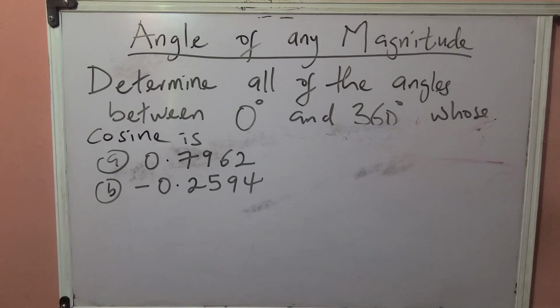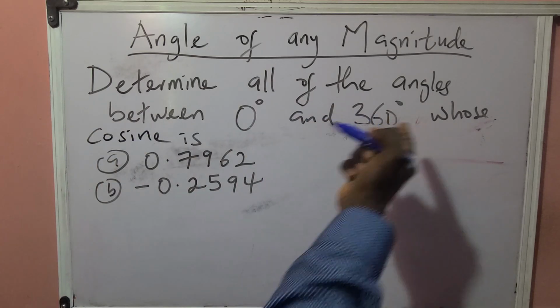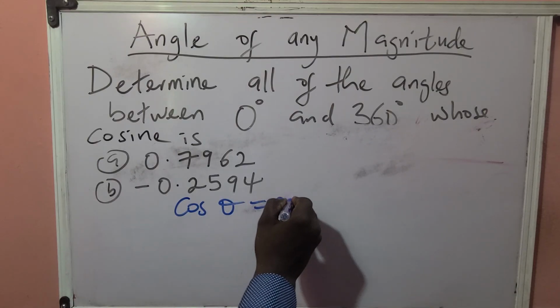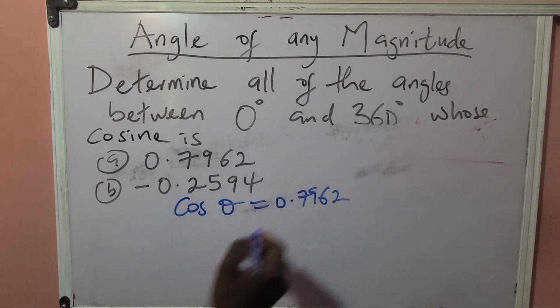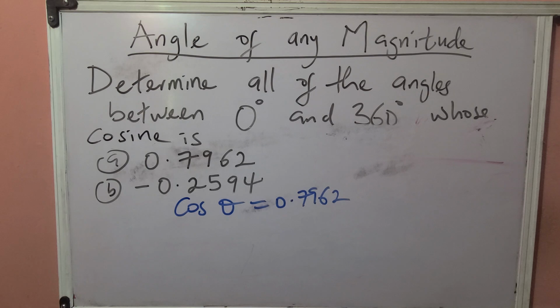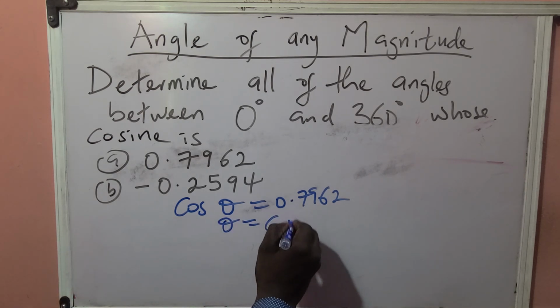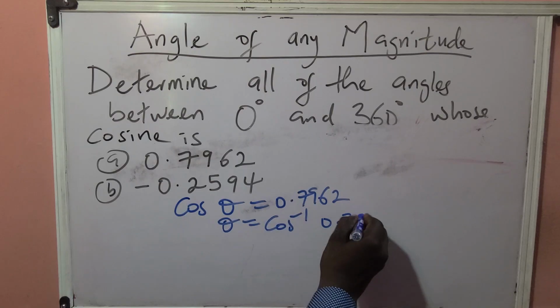is 0.7962. Again, the very first step I told you to always do is to just interpret this question. When you say whose cosine, that means you are saying the cos of an angle is equal to 0.7962. And the very first step you do before doing anything else is to find this arc cos of 0.7962.